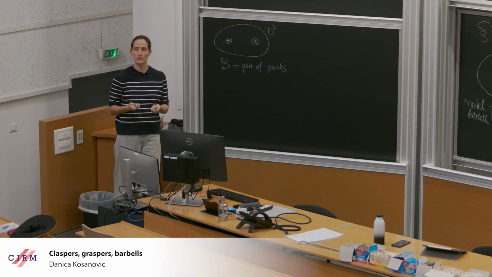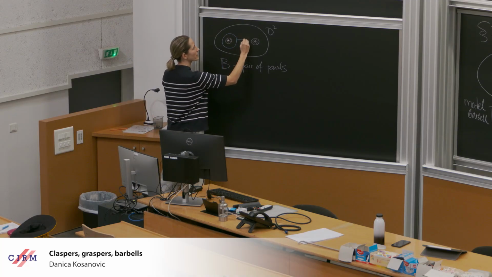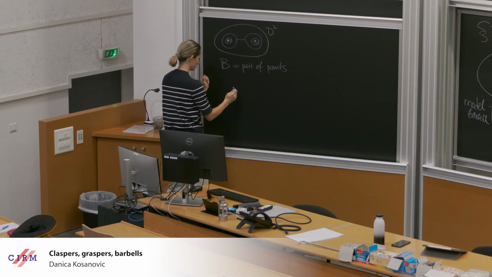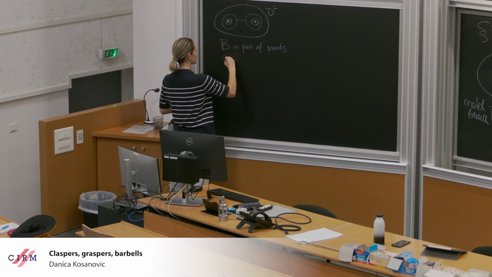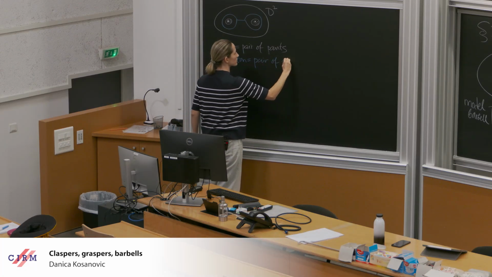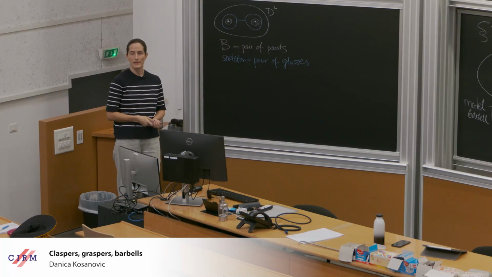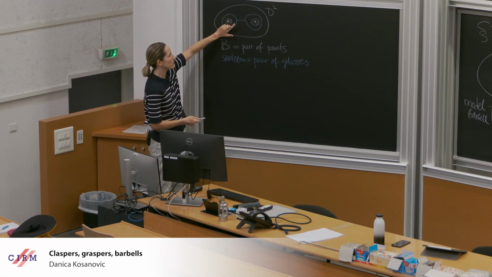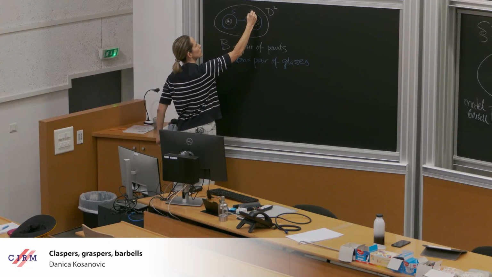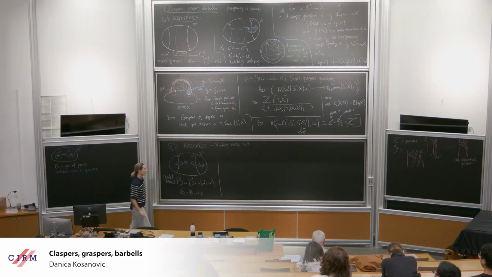But what is the skeleton of the barbell? Well, it's just the one-complex to which this retracts, and this is a pair of glasses. And then the grasper was like, fill this in, so this part was a trivial sphere. So this is S1, S2, and this is the bar. And this is just the analog in dimension 4.